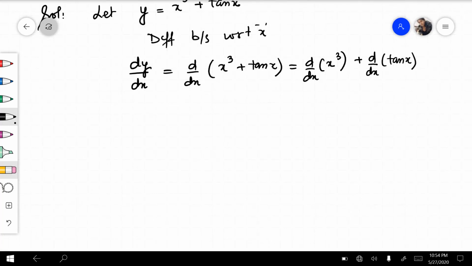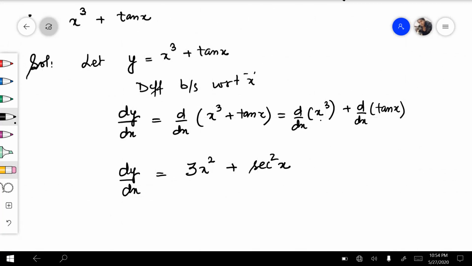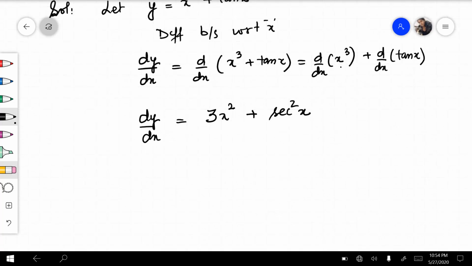Now dy upon dx is equal to, the differentiation of x cube is 3x square and the differentiation of tan x is secant square x. But what is our target here? To find the second order derivative. Right now we have dy by dx which is the first order derivative.